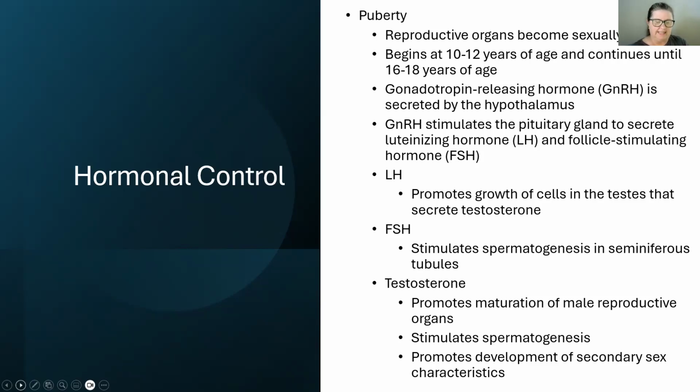Of course, we always laugh as that is occurring, because their voices crack. But that's a secondary sex characteristic. More muscle mass is a secondary sex characteristic. Each sex has secondary sex characteristics, but these are the main male ones.